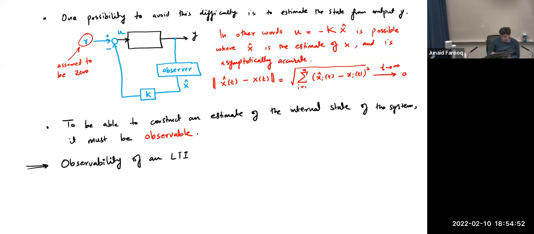And it's similar, but in some sense, you have to use the output of the system to get to the state. So it's not only the matrices A and B, it's going to be a different set of matrices that's affecting the observability. So I'm going to write it more formally here, the definition.